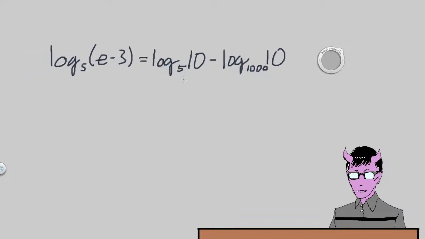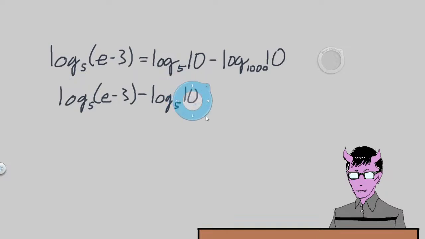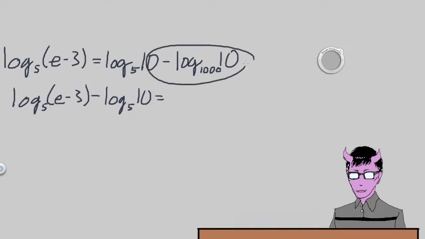So first, let us move this over to the other side by subtracting it. So we're going to get log base 5 of e minus 3, and then we have a minus again, subtracting that from both sides. We get log base 5 of 10 is equal to, this one remains on the right hand side.